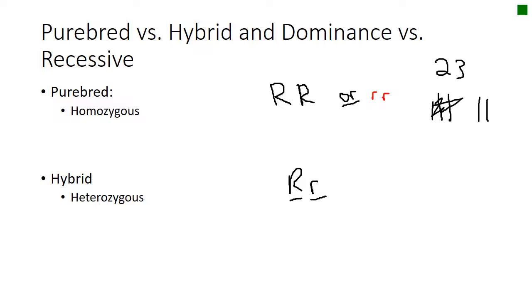Now if we look at a specific location of a chromosome, at this point here, then we have what's called a section of DNA. We're looking at a section of it that's called a gene. A different form of a gene would be an allele. So let's say we have an allele for hair color, and we find that brown would be dominant. So we have big B for brown hair.